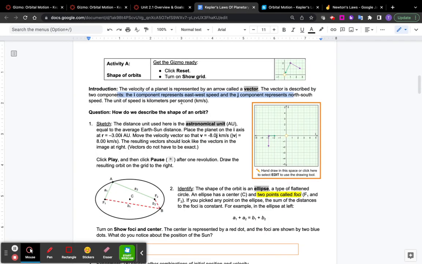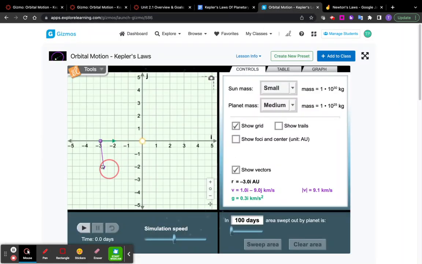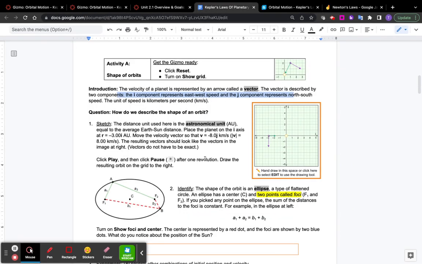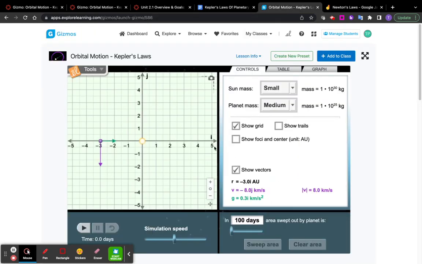Then it tells us to move the velocity vector. Remember, the velocity vector is the arrow, this right here. The green vector, which is gravity, will change based on the position and how close the planet is to the sun. But we can change the velocity vector just by moving it. We're changing the speed. It tells us to move the velocity vector so that v equals negative 8j.